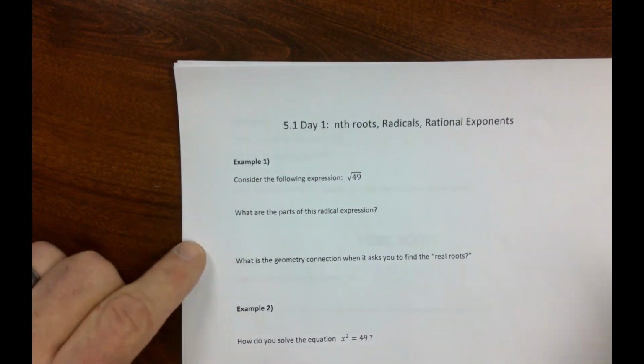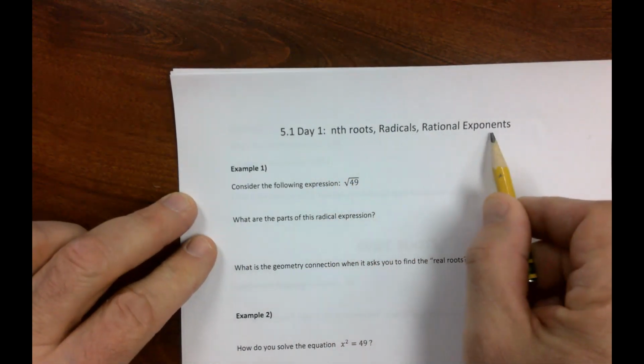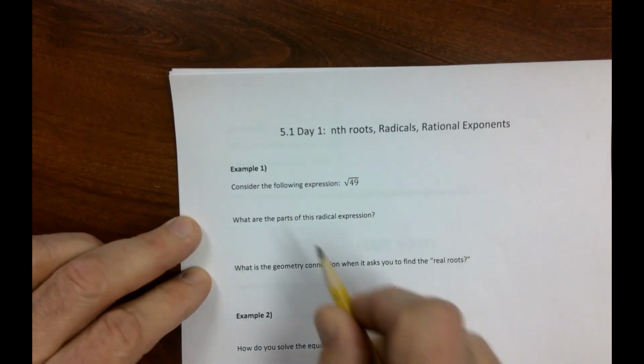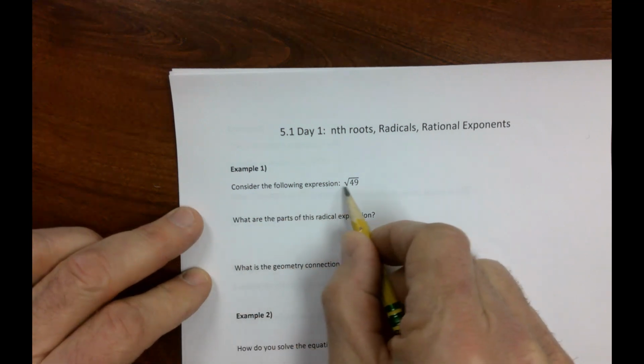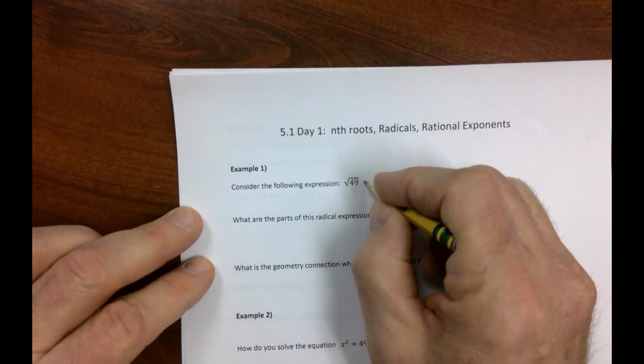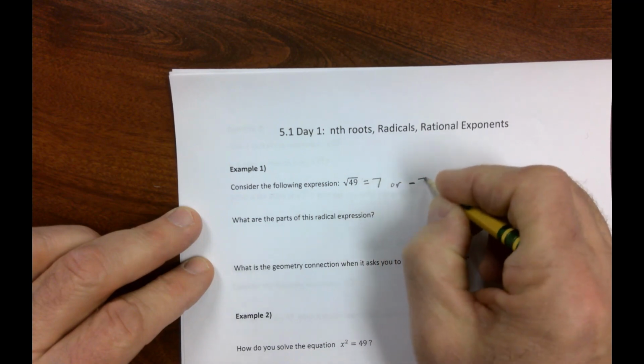And here we go. So 5-1 day 1, nth roots, radicals, rational exponents. And hopefully this has been handed to you so you can follow along. It says, consider the following expression, the square root of 49. Hopefully you know that the answer to that is 7 or -7.